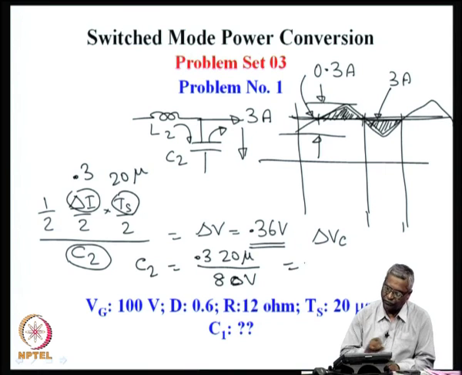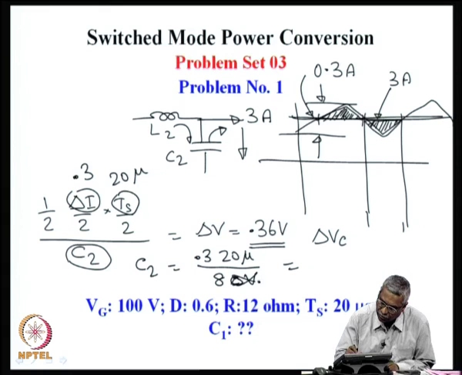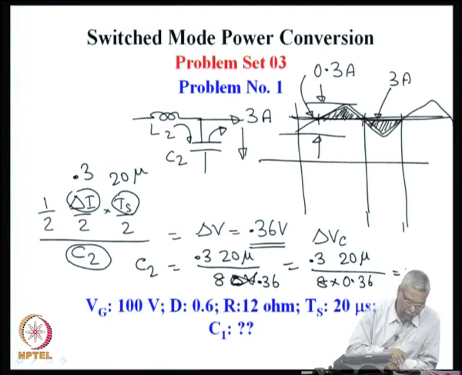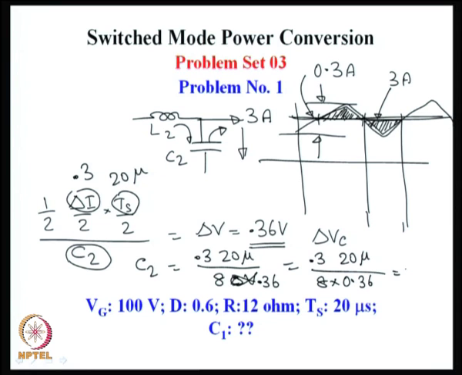So, if this is simplified and delta V is 0.36, 0.3 into 20 micro divided by 8 divided by 0.36. So, that is 2 microfarad.